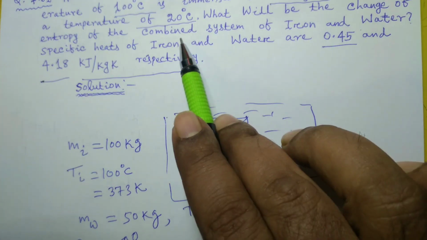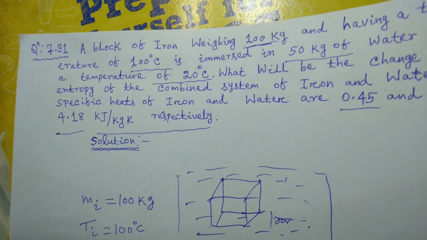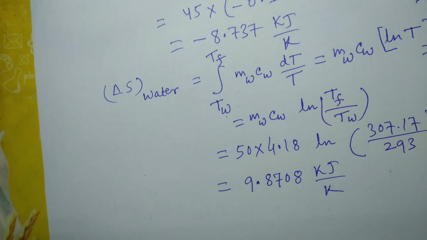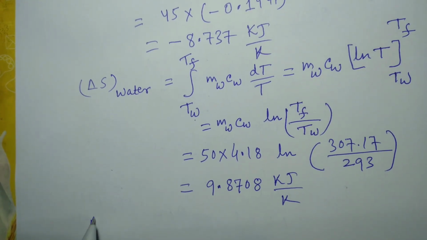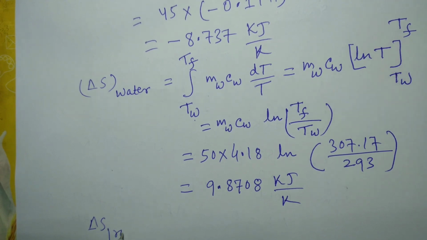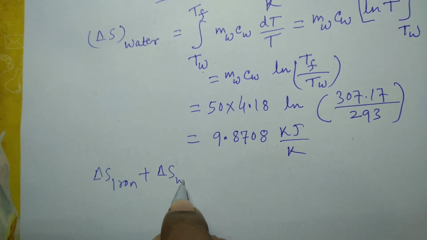Now in the question it is required to find out what will be the change of entropy of the combined system of iron and water. So for the combined system, the change in entropy of this universe is delta S of iron plus delta S of water.